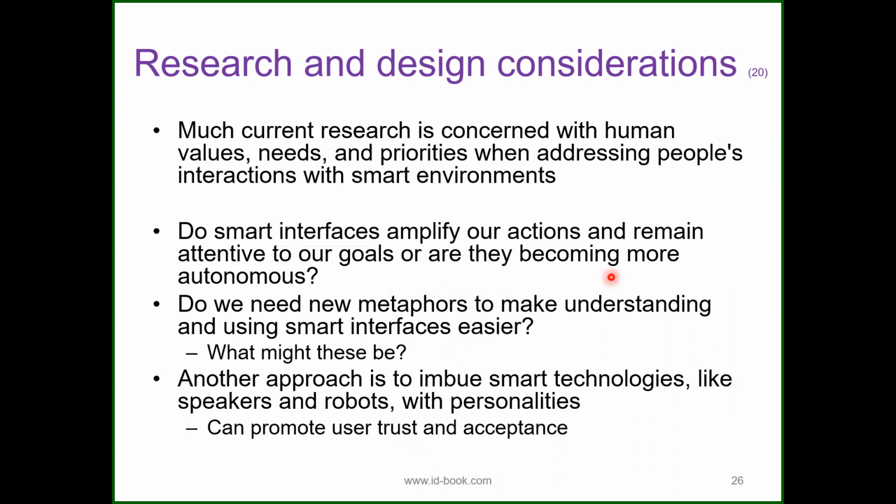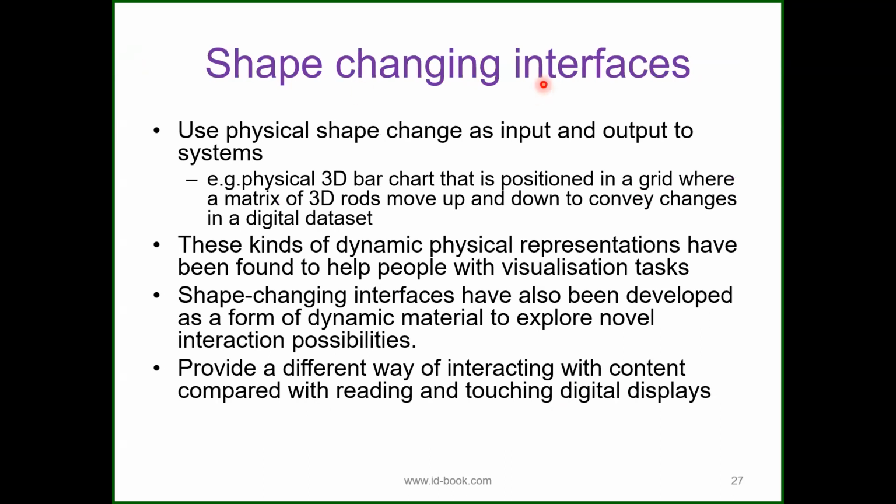Do we need more metaphors to understand and use smart interfaces? And if yes, what kind of metaphors do we need to have? Another approach is to imbue smart technologies like speakers and robots with personalities. It can prompt user trust and acceptance. Then there are shape changing interfaces.